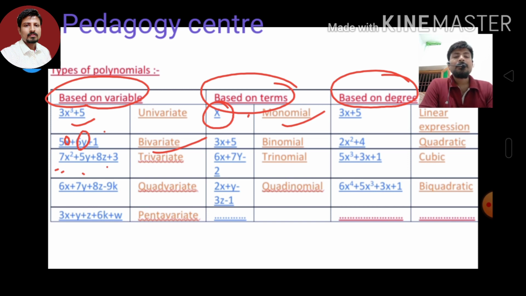Binomials are polynomials which have two terms. For example, 3x plus 5 is a binomial expression because here there are two terms, 3x and 5, so it is a binomial expression.